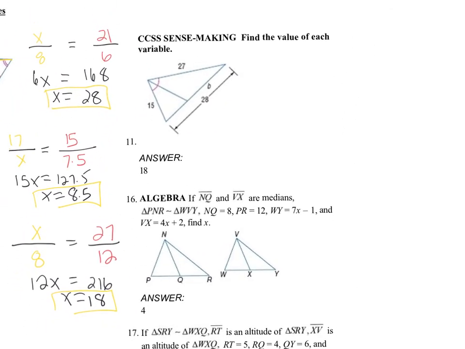Okay, looking at the next one here, we can see that this measurement here is 28, and if this part of it here is B, and the whole thing is 28, this must be 28 minus B. Okay, so think about that.